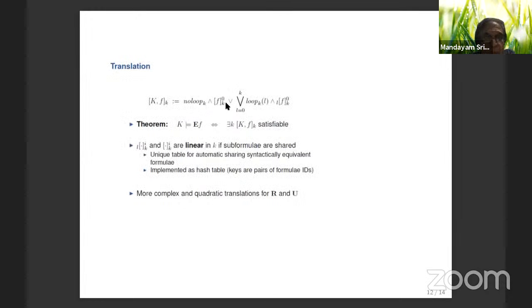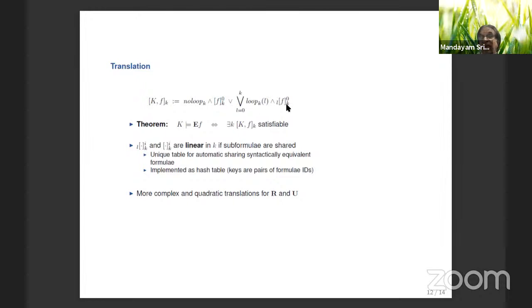If there is no loop, then you invoke it from 0 to K. If there are one or more loops in the K-long path, you're looking at every lasso that exists within the K prefix, the K-long path that you're generating the formula for.